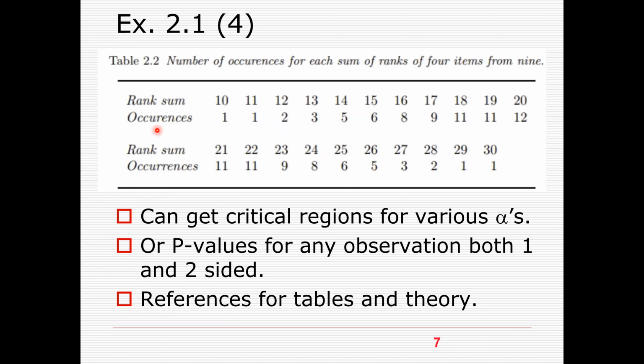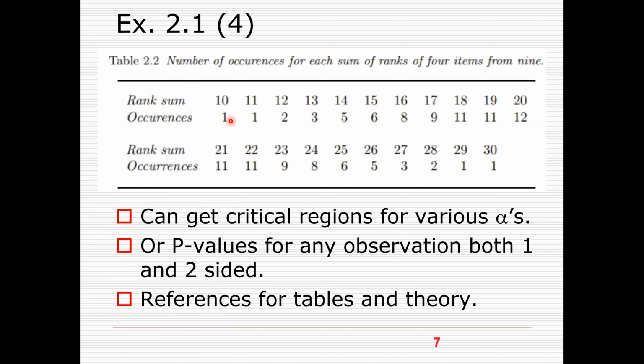So among all 126 outcomes, only 3.15 best ranking outcomes and 3.15 worst ranking outcomes are in the critical region, which means we need to reject the null if the result is in those two regions. That is when the rank sum is 10 and 11 and 29 and 30, right?